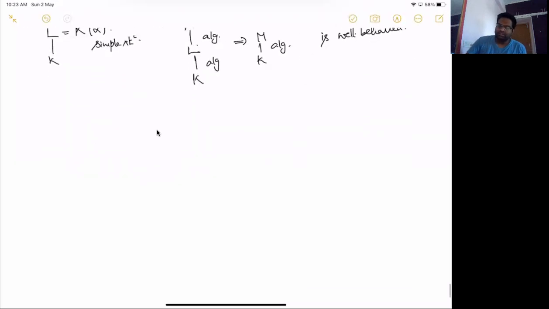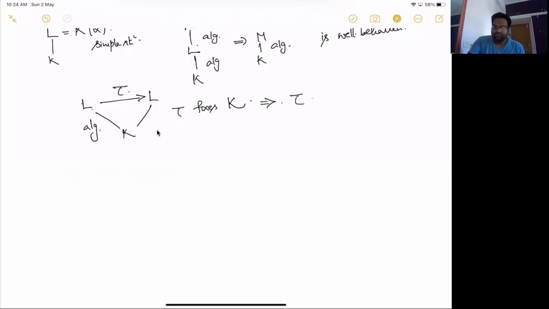So this is what we had seen, and finally we have seen one theorem which says that if you have a ring homomorphism tau from L to L such that tau fixes K, and suppose L over K is algebraic, then clearly tau is 1-to-1.